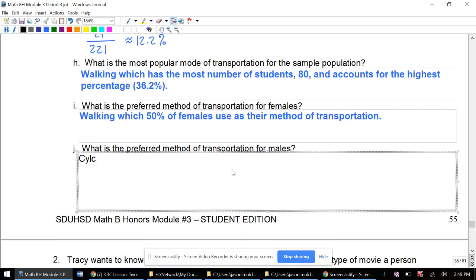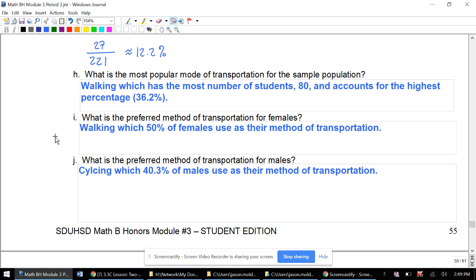So cycling. And again, maybe more focused on the percent than focused on the total.